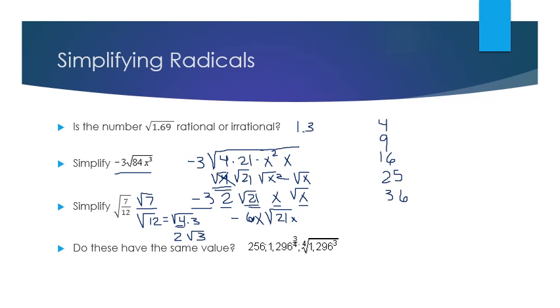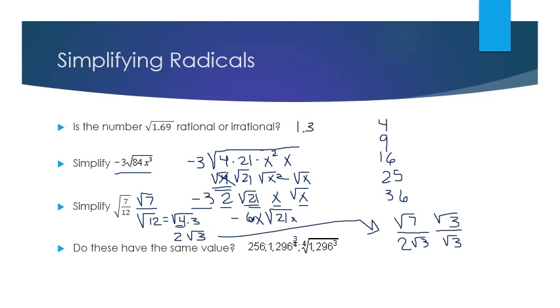Now, let's get ourselves some more space over here. Right now we've got square root 7 on top. And on the bottom we've got 2 times the square root of 3. Now, in order to get rid of that square root 3 on the bottom, I have to multiply by the square root of 3, because multiplying a square root by itself will undo the square root.